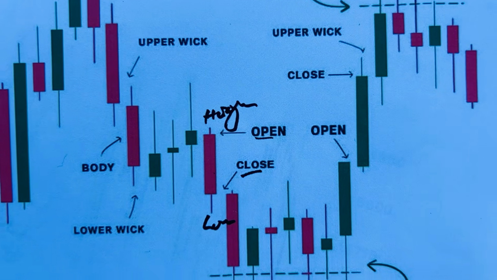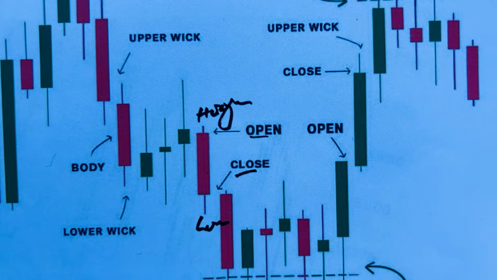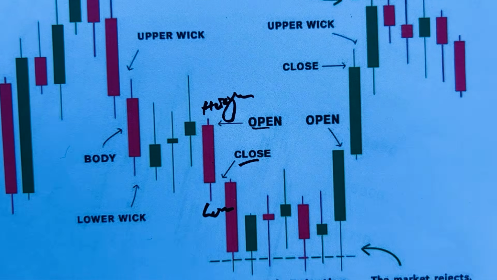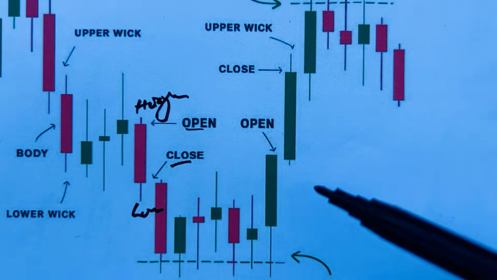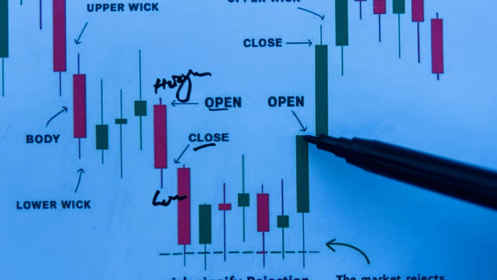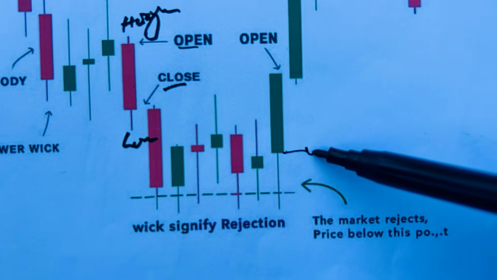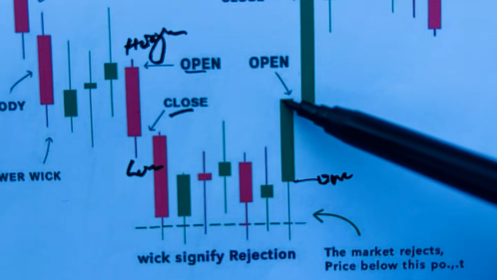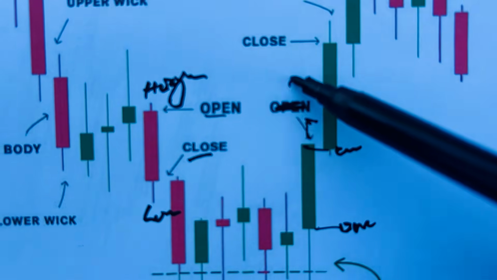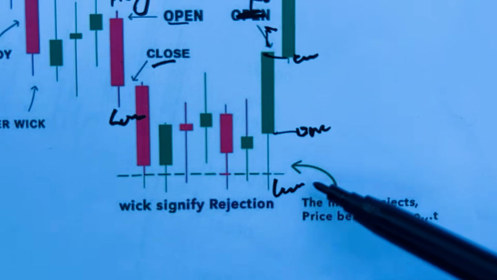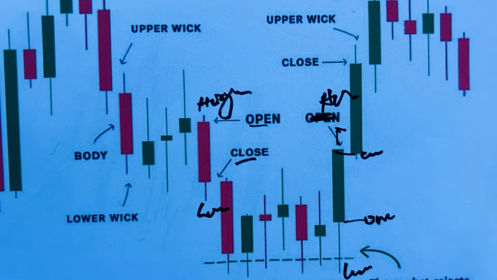But I want you to understand that we have key zones that we use in the market structure. Since you now understand the basics of a candlestick, a buy candlestick has an open price below here, close price above, high price above, and lower price below. Simple. This is a candlestick of a buy.